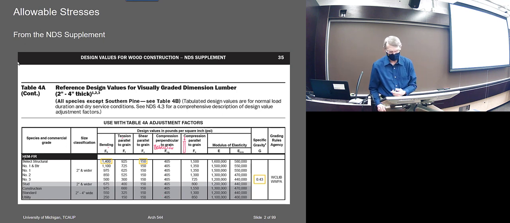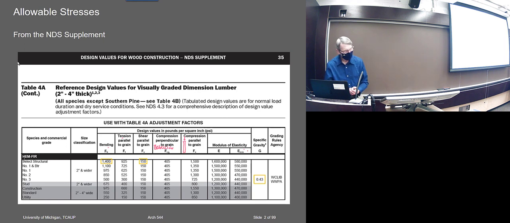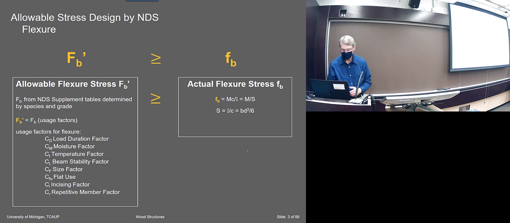And then the E moduli. This one, E min, seems like it comes into the calculation of CL, I think, if I'm not mistaken. We'll see, it'll come up. And then of course the specific gravity is given there.